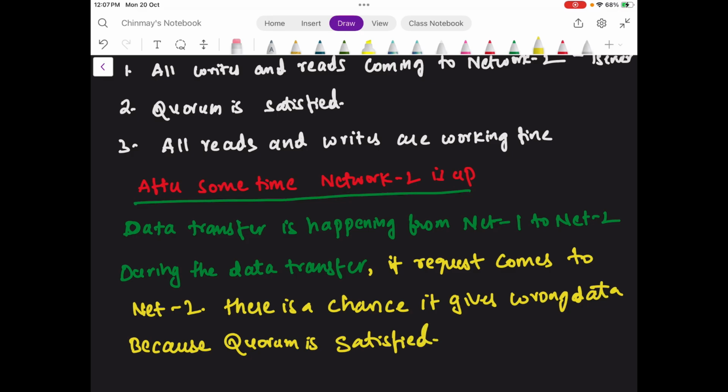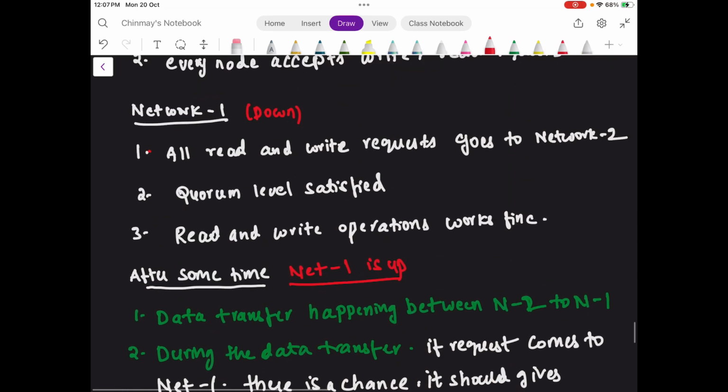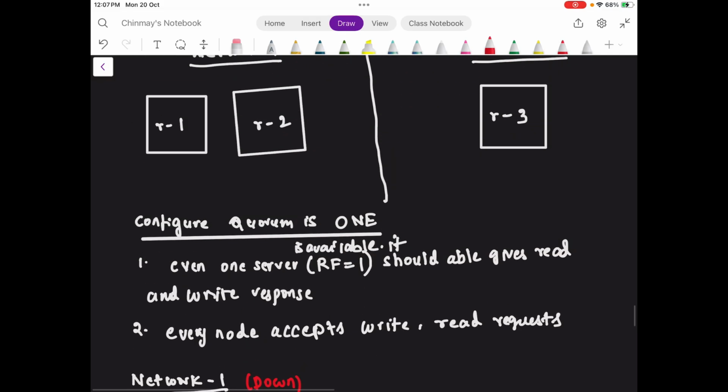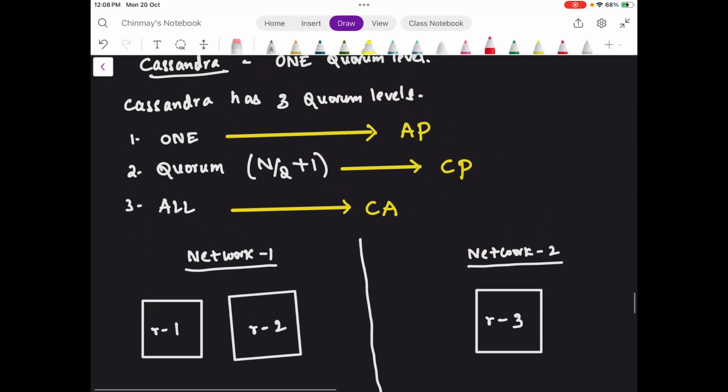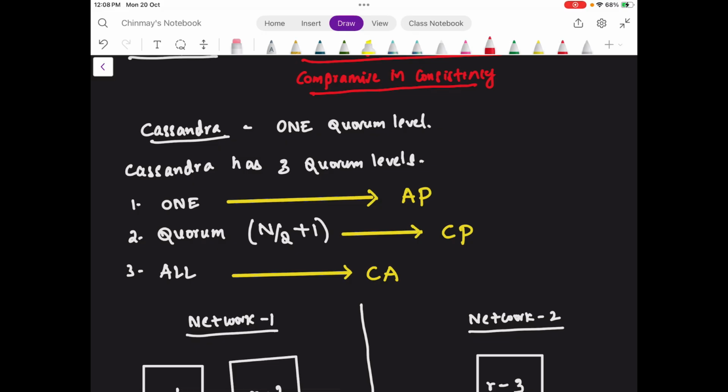What is compromised here? In this case also, consistency is compromised. That's why Cassandra with quorum level 1 is always stated as an AP system. Here consistency is compromised.